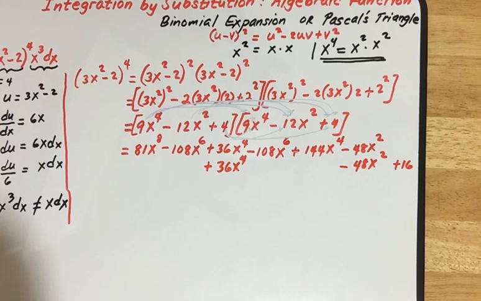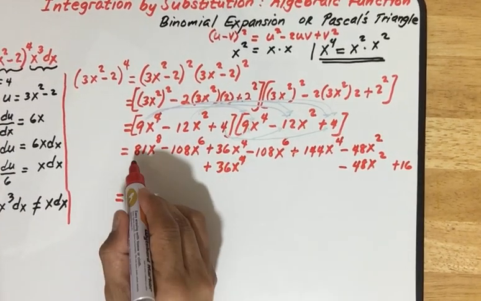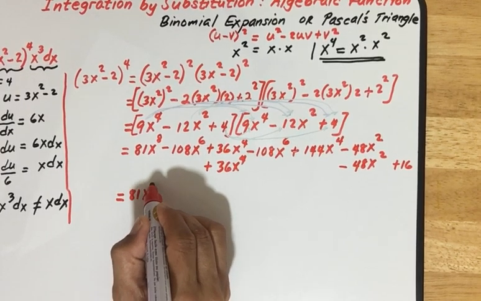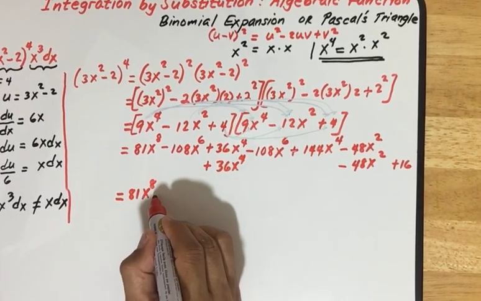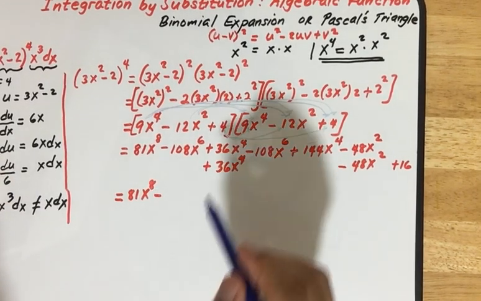So combining similar terms. First let us write our first term, which is 81 x to the power 8. Then minus. So we have similar terms here.